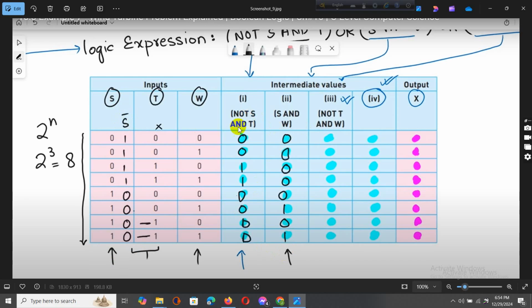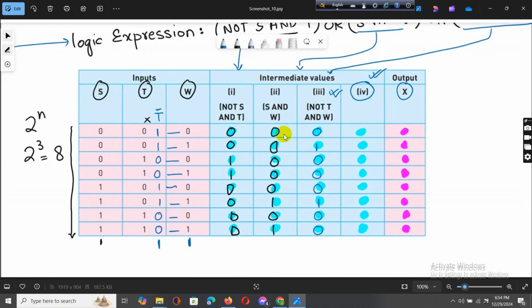Now for NOT S and T, we select the S bar and T columns. We know that AND is the multiplication between the two input bits, so we do multiplication. 1 into 0 becomes 0, 1 into 0 becomes 0, 1 into 1 becomes 1, 1 into 1 becomes 1, 0 into 0 becomes 0, 0 into 0 becomes 0, 0 into 1 becomes 0, 0 into 1 becomes 0.